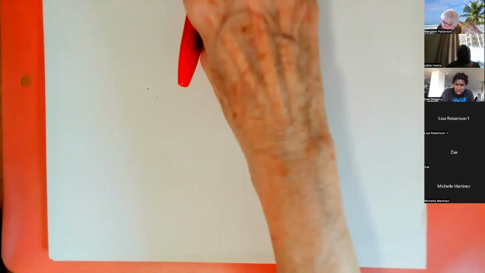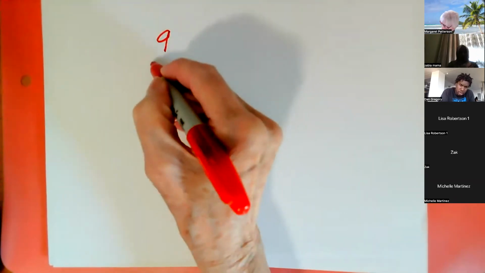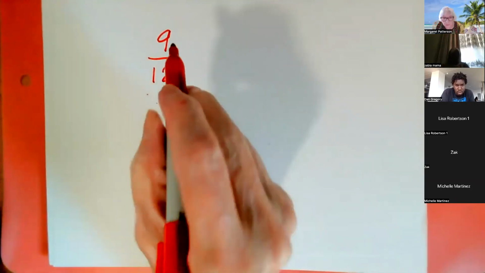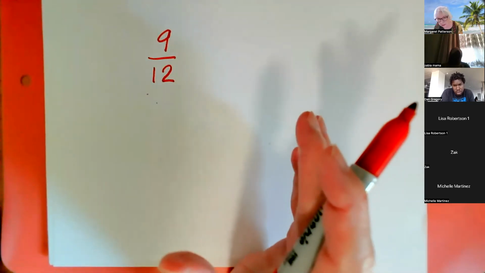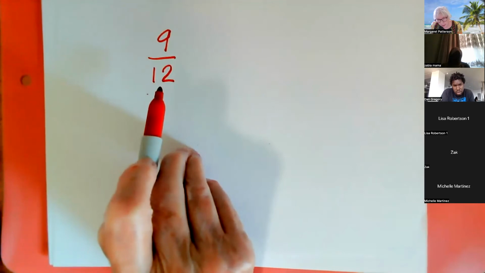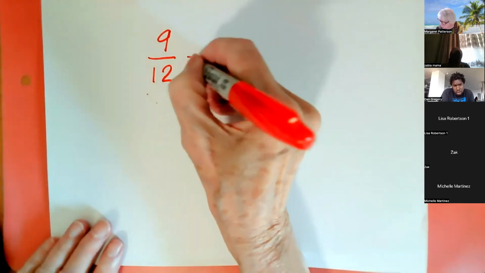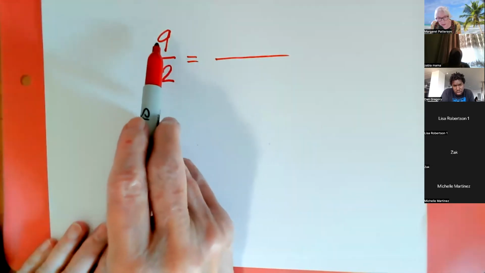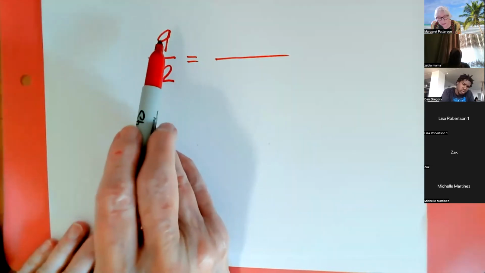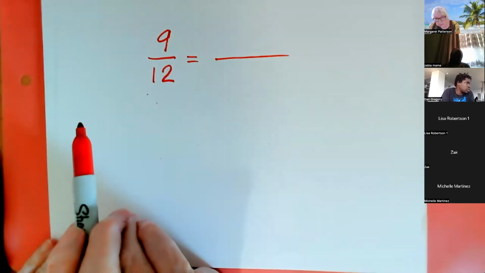Now, at the very same time, if I had a fraction like 9 divided by 12, sometimes I want the simplified version of this. There's two ways to do it. One way is to say, well, darn, I think I can see 9 is 3 times 3.